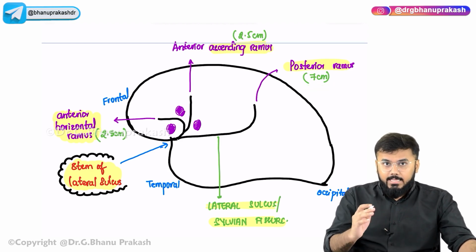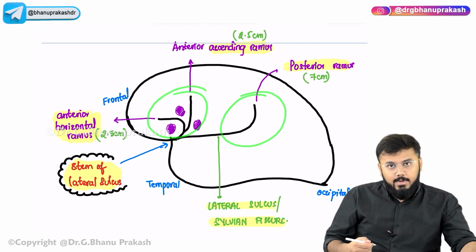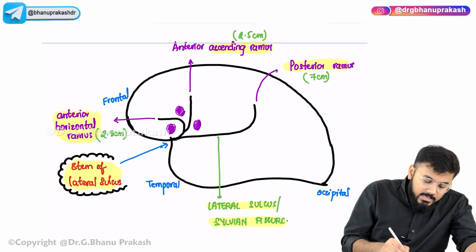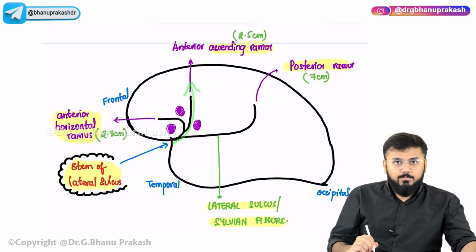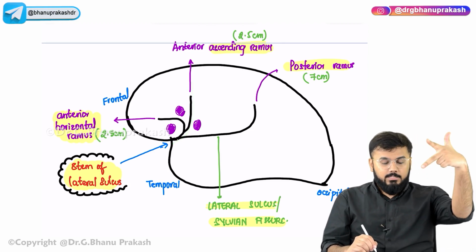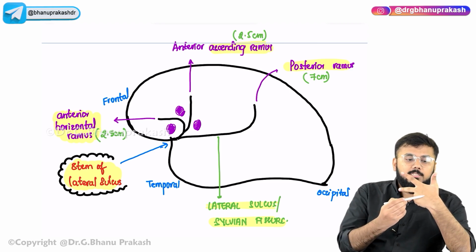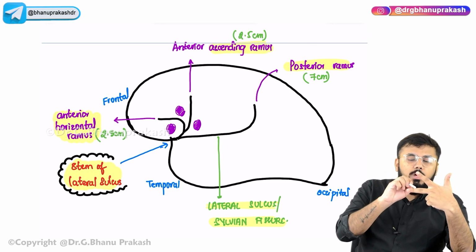Next, you have the anterior ramus. See, this is the posterior ramus and this is the anterior ramus. In the anterior ramus, again there are two important things: the anterior horizontal ramus and the anterior ascending ramus. Actually it is like this, this is the exact representation. This is the posterior ramus going to the back. These two are anterior.